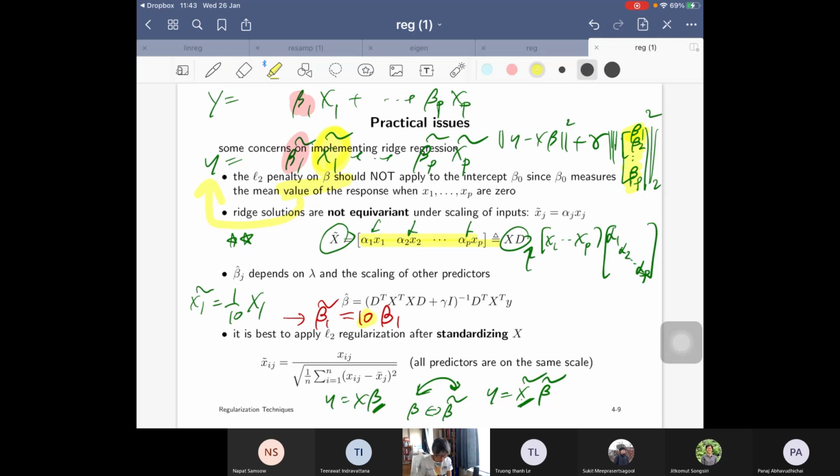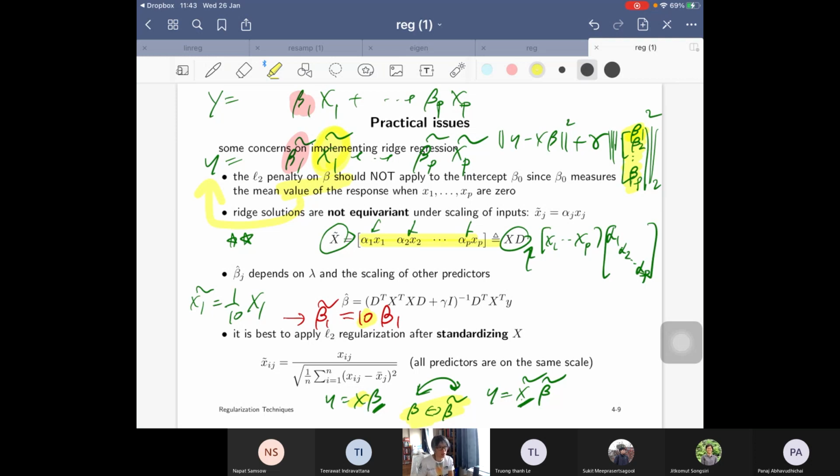So that's what I mean by scaling the input or the predictors. There's going to be a relation between the regression coefficients of the two models, and you can write it in closed form.